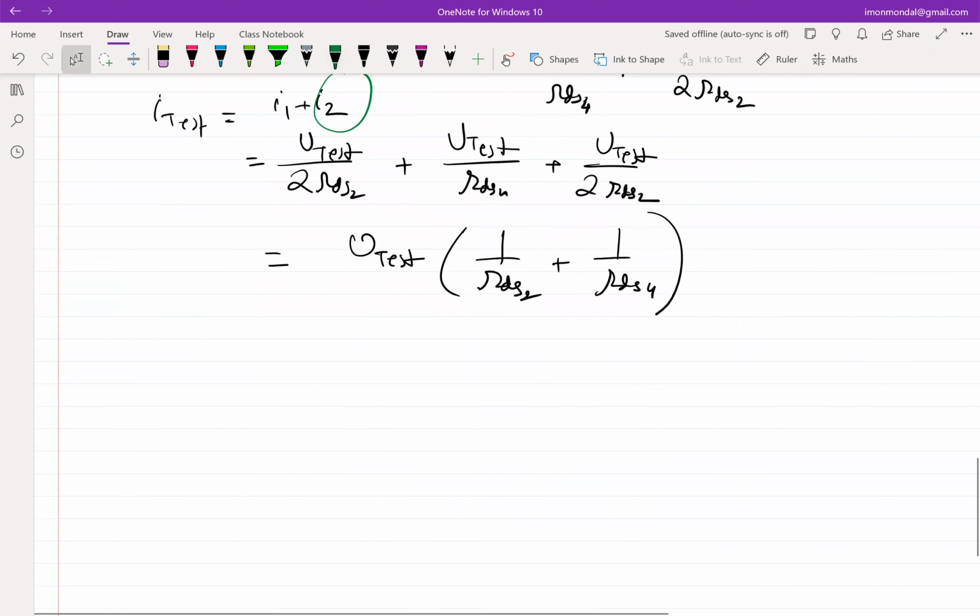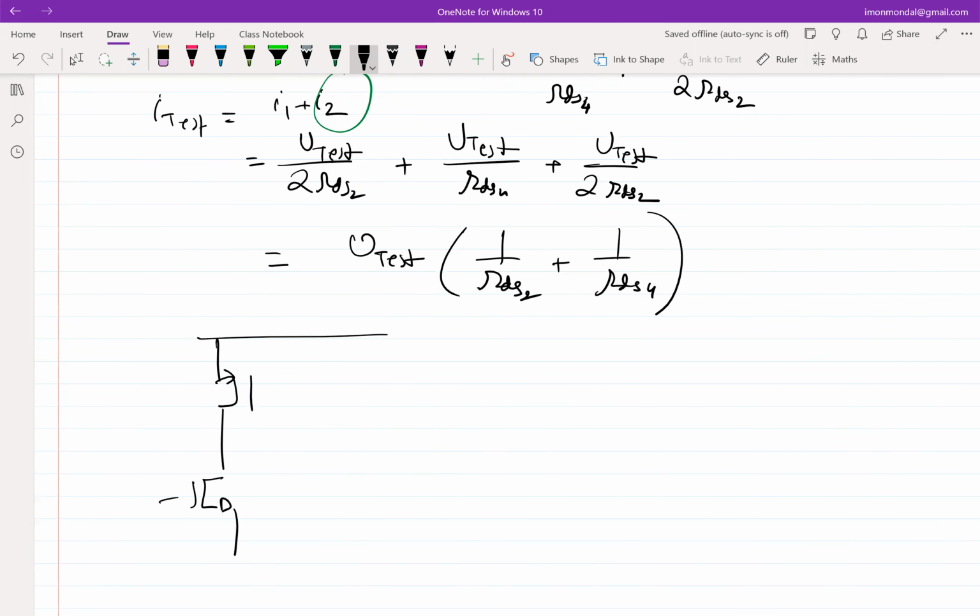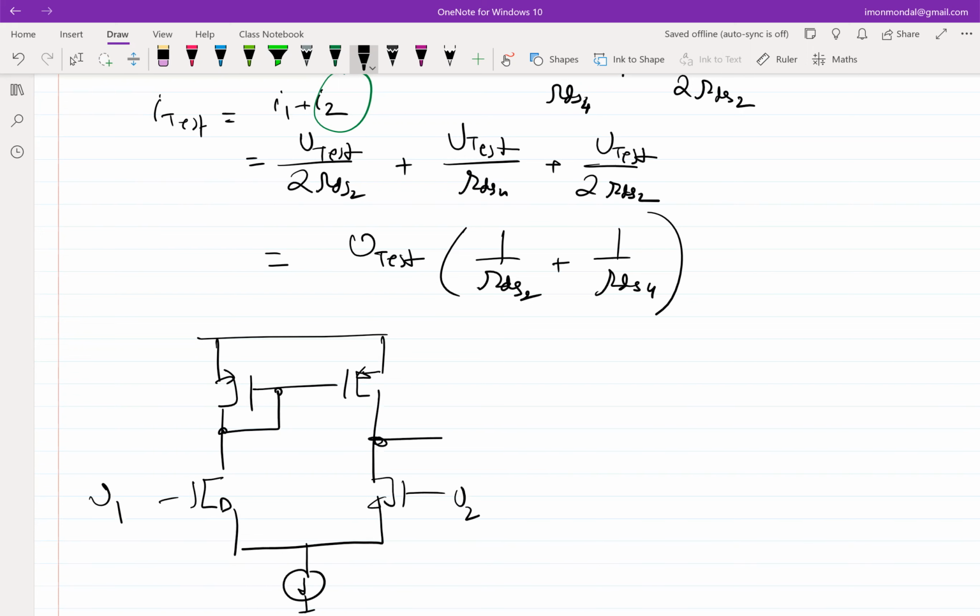If we look at the circuit now, this becomes quite obvious. If we look into this node, it's connected to two transistors, M2 and M4.